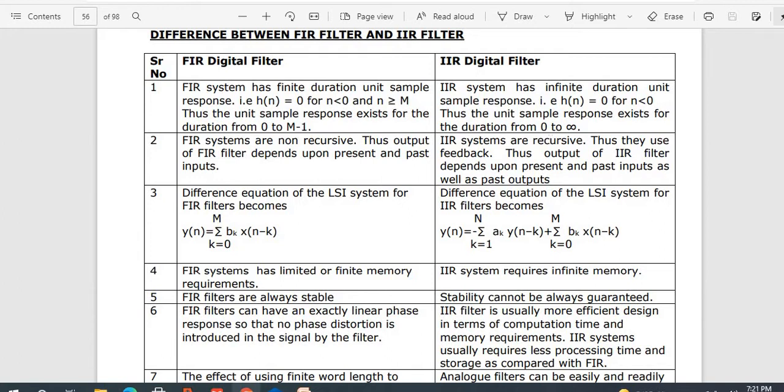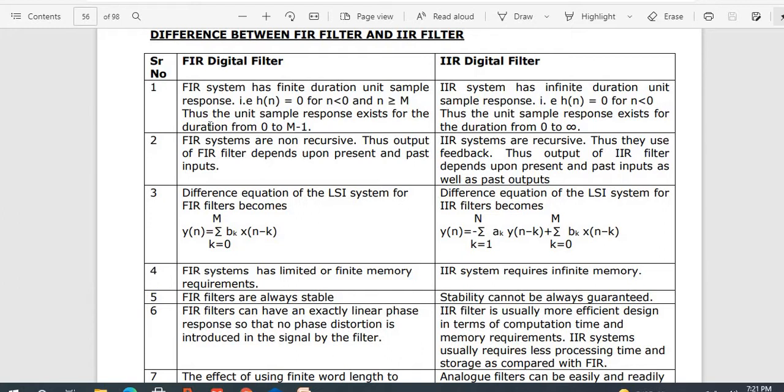What is FIR? FIR is non-recursive. It means once it gets the answer, it cannot get a repeated answer. We cannot get it from that. That's why it is called non-recursive. The output of an FIR filter depends upon present and past inputs. For FIR, the present input as well as the past input is essential. Whereas IIR systems are recursive. Recursive means repetition, because here we are adding feedback.